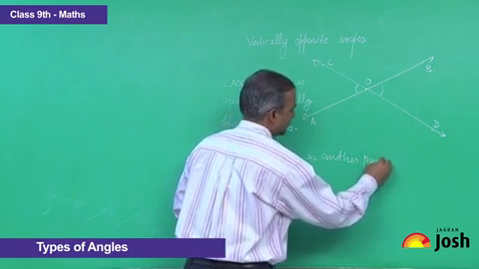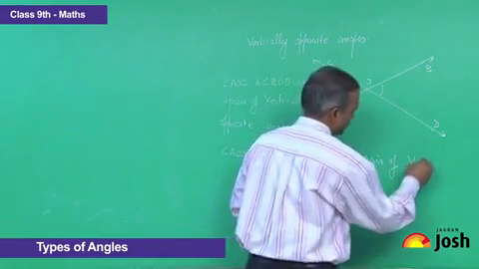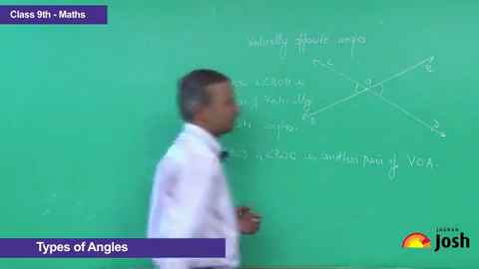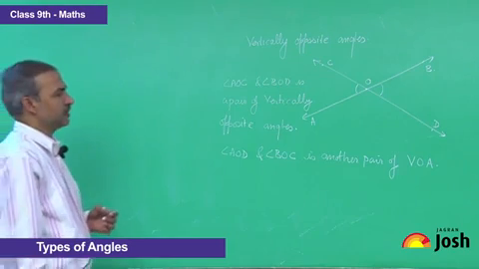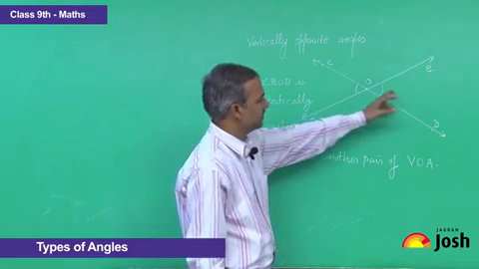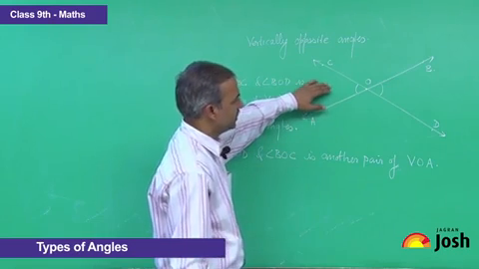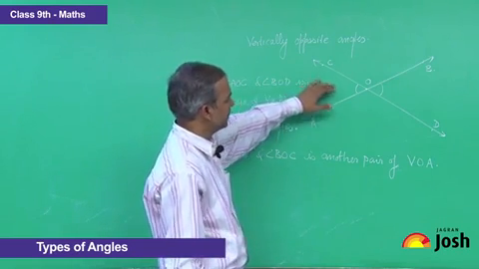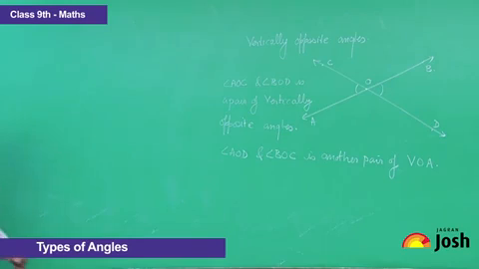So, whenever two lines intersect each other, four angles are formed, and two pairs of vertically opposite angles, the angles which face each other, which are opposite to each other. AOC and BOD is one pair of vertically opposite angles, AOD and BOC is another pair of vertically opposite angles.